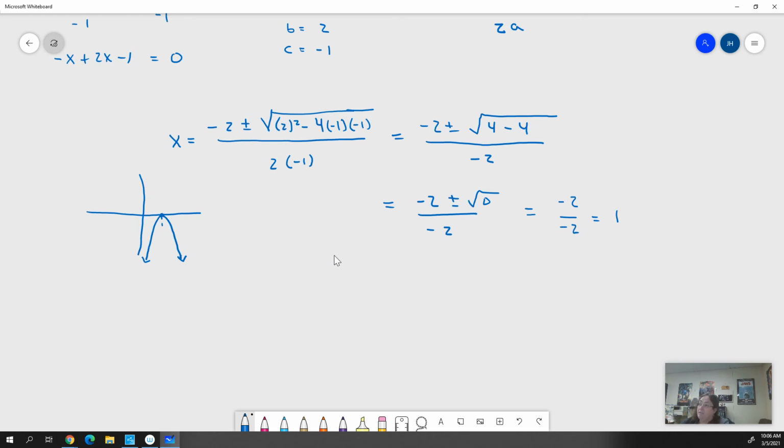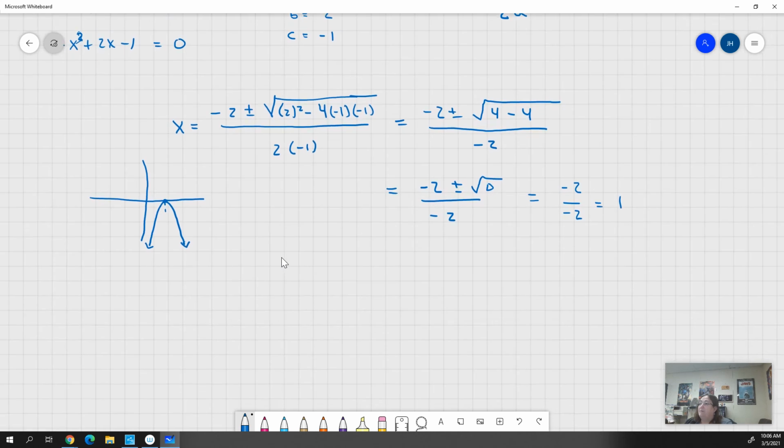In this case, it's going down because it's a negative parabola. Look, I didn't even write the squared there. You guys didn't call me on that. It's a negative parabola, right? That x squared term is negative, so your parabola is going to open down instead of up.